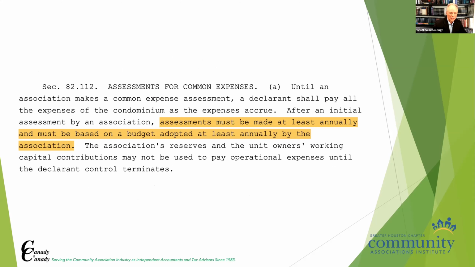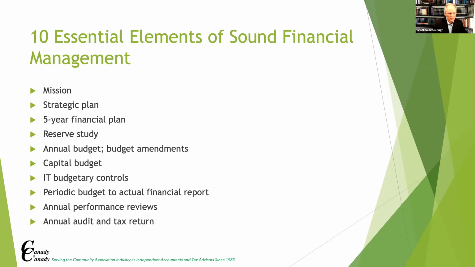Also, the Texas Condo Act gives you the authority to collect assessments based on that budget that you adopt at least annually. So this is not optional. It's not only a best practice. It's part of your legal and fiduciary duty to do it, and hopefully do it well.